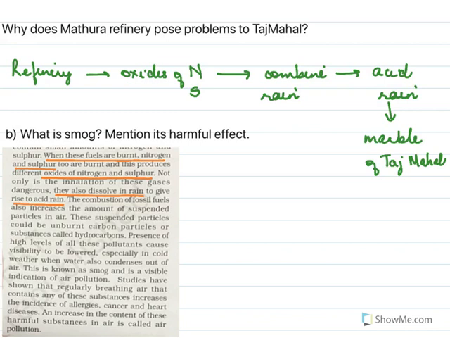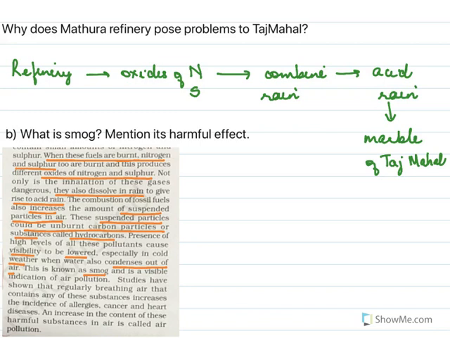Now the combustion of the fuels also increases the amount of suspended particles in the air. These suspended particles could be unburnt carbon particles or substances called hydrocarbons. Now the present high levels of all these pollutants cause visibility to be lowered, especially in cold weather, when water also condenses out of this. This is known as smog.